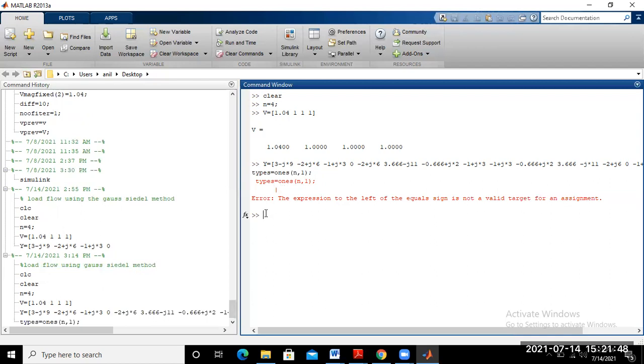So next one is your type change equal to zeros(n,1).